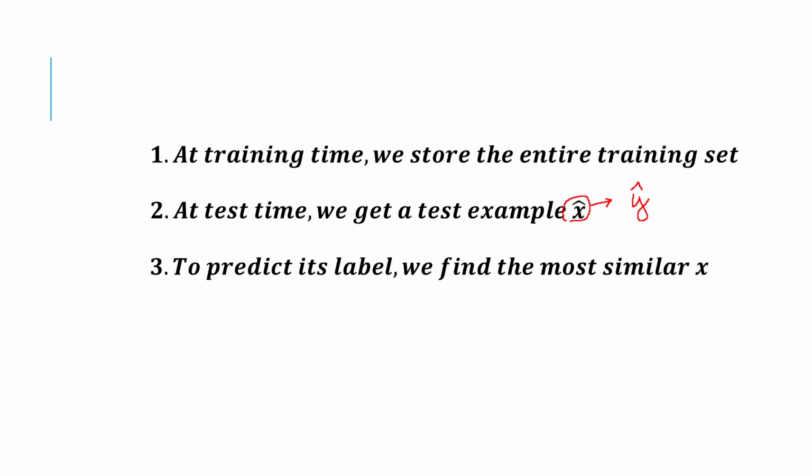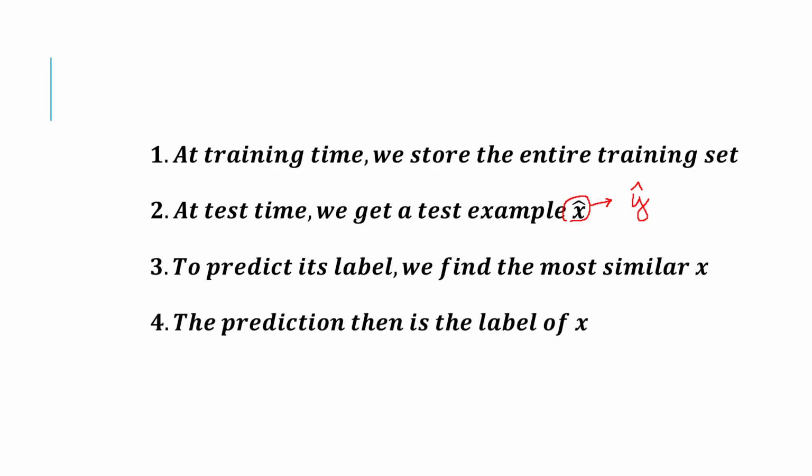To predict its label, we find the most similar x, or in particular, we just get the closest training example x. Then we just use the value of y, which is the label of that x closest to x hat, and use that as our prediction, or the value of y hat.